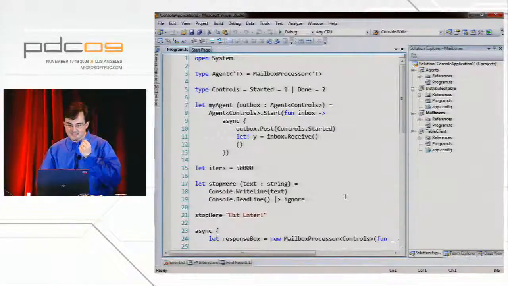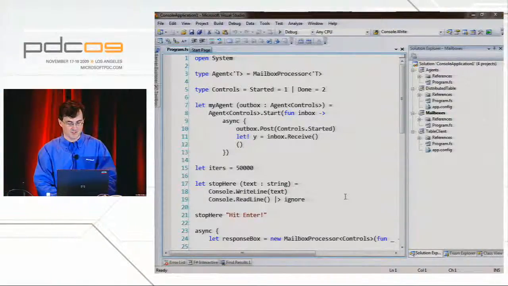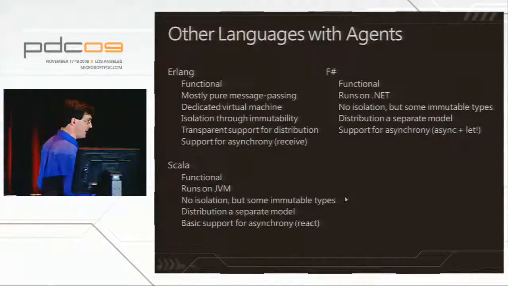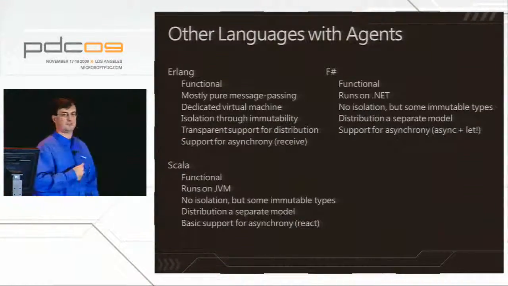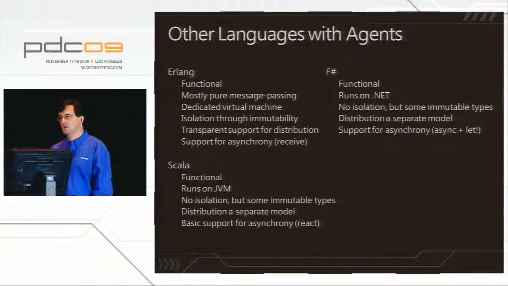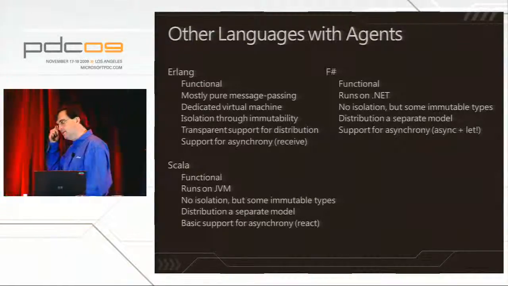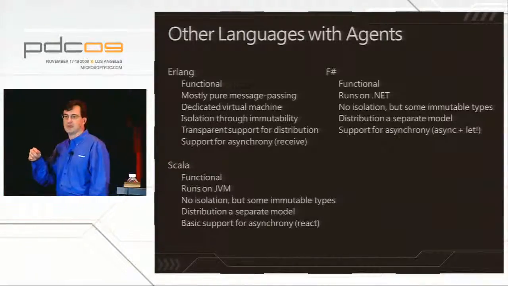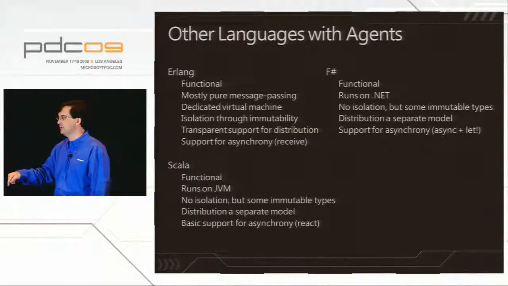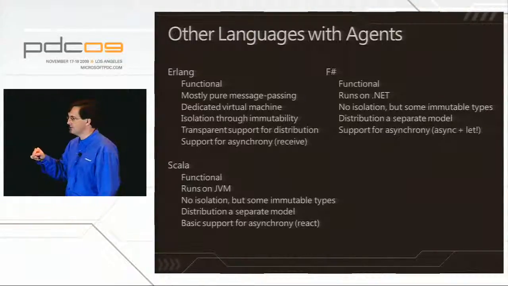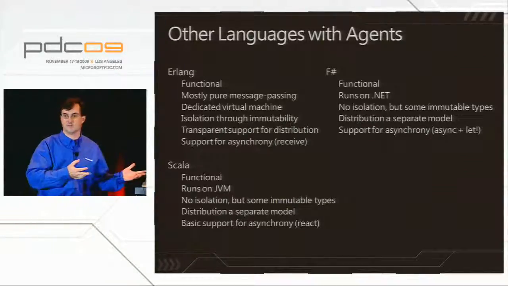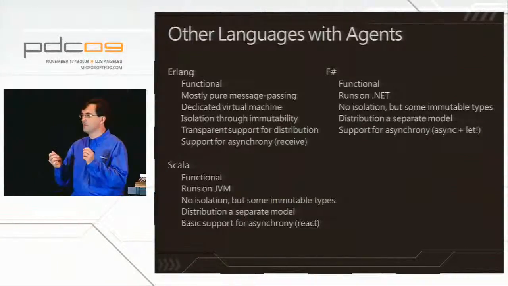But I find it rather interesting that if we look at all these 3 that have agents, one thing they have in common is that they're functional languages. So that kind of piques my thinking about whether a C-based syntax that we chose for Axum is the right place to start. Maybe it is the case. Well, of course, syntax. You can have functional. Scala is a C-based syntax too, right? And functional.